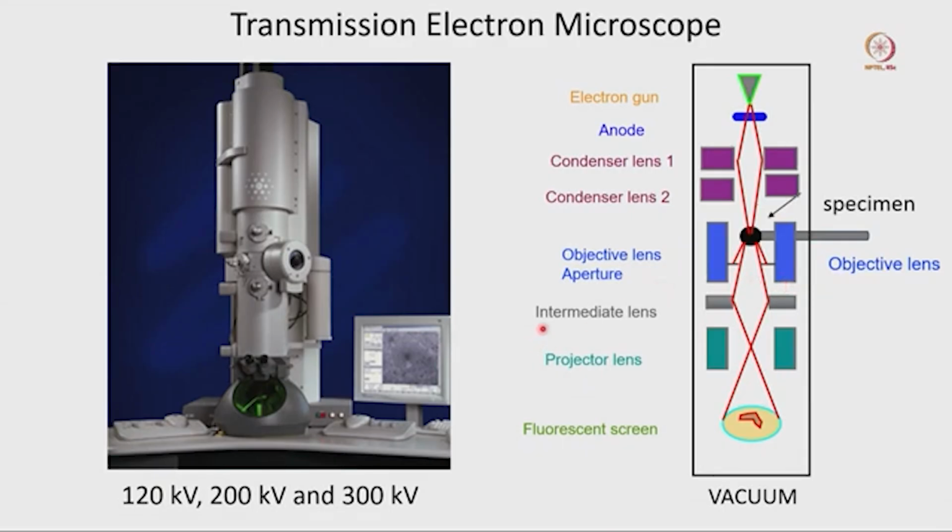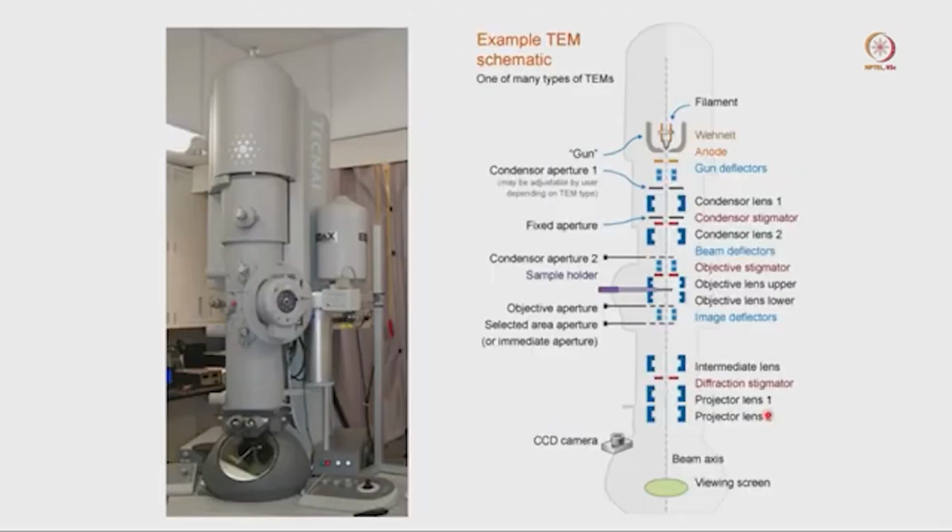After this, when the specimen interacts with the electron beam, it will go through the intermediate lens and projector lens, and finally it will give us an image on the fluorescent screen. That is a very simple schematic diagram.